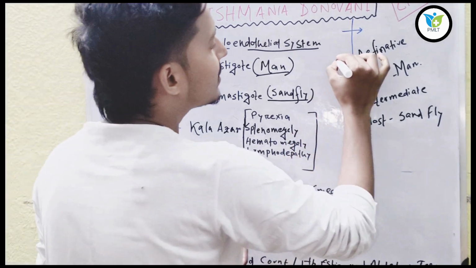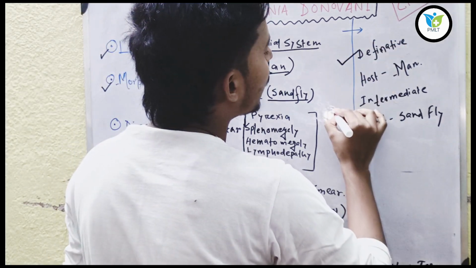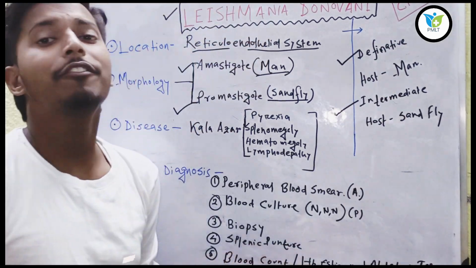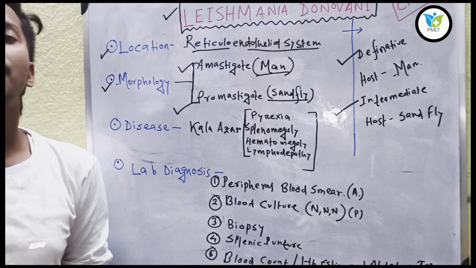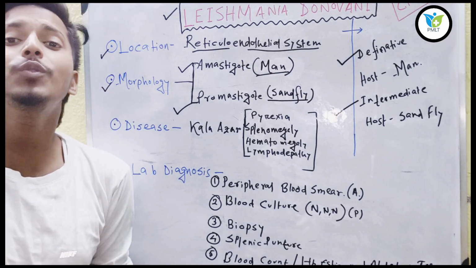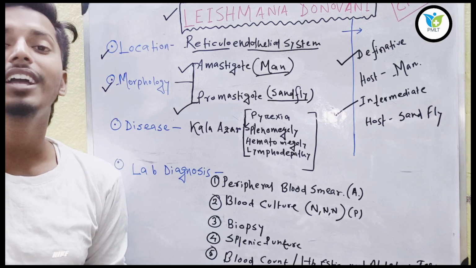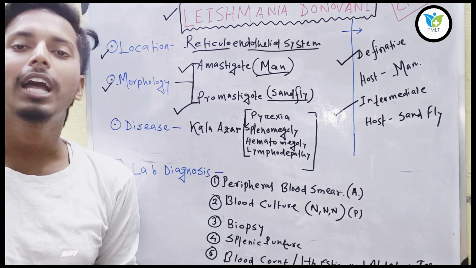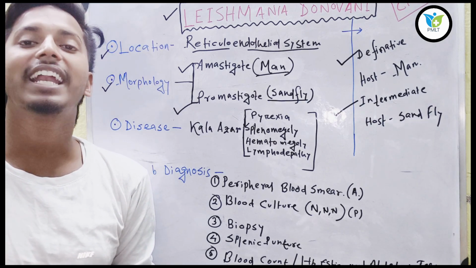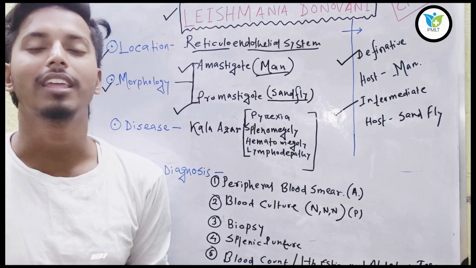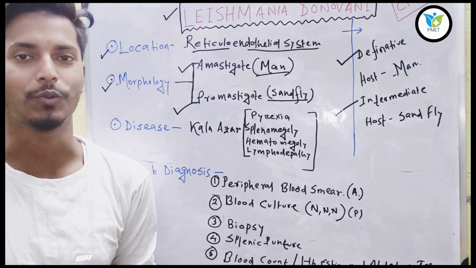One is the definitive host and the other is the intermediate host. The definitive host is where the parasite does its sexual replication, and the intermediate host is where the parasite does its asexual replication.